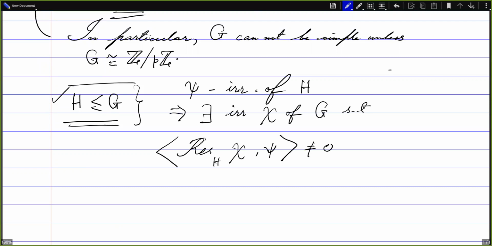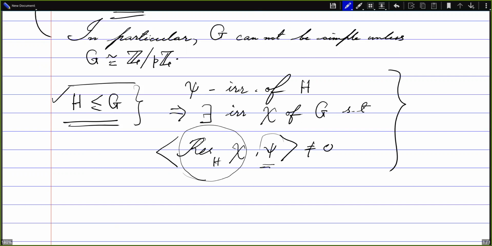This is what we know. So what does that mean? That means that the irreducible representation which has psi as its character is contained in the restriction of the representation corresponding to chi.